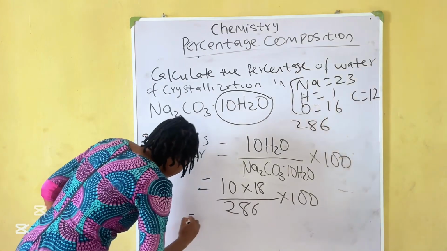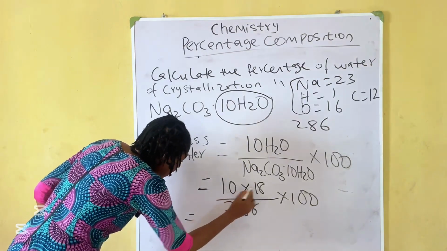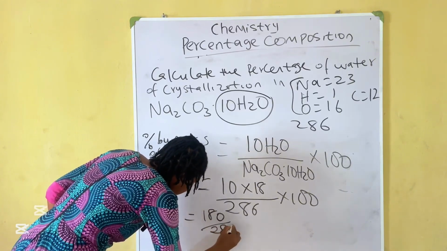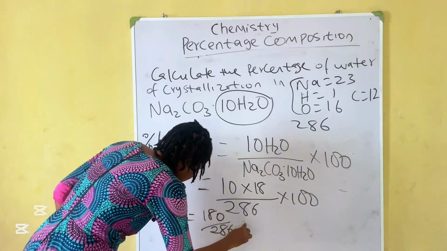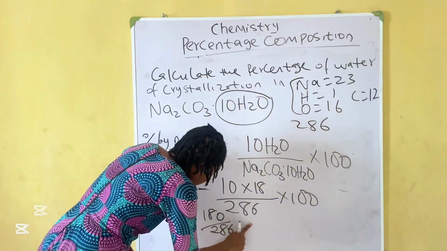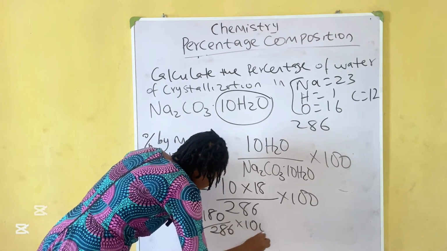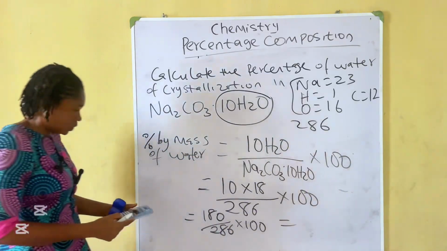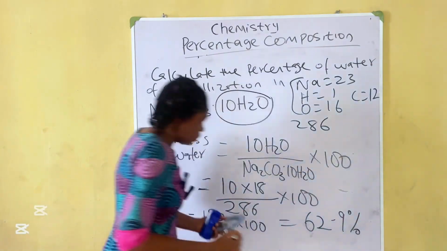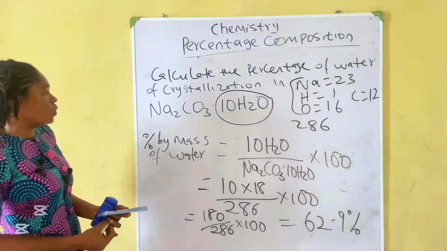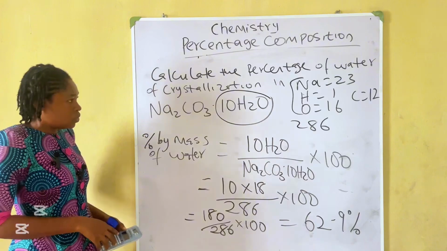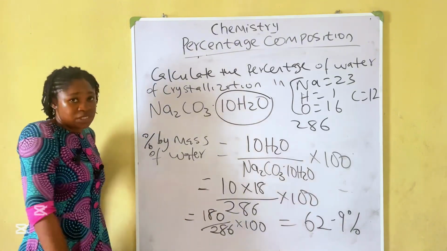So 10 times 18 is 180 over 286 times 100, which is equal to 62.9%. So you can see the water of crystallization has a higher percentage in this compound. This is what I've got, 62.9%.